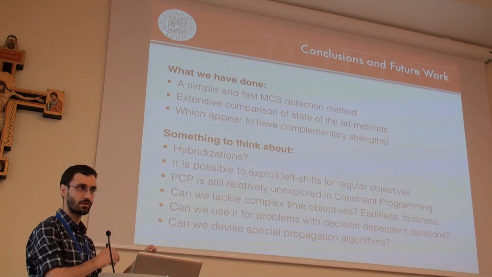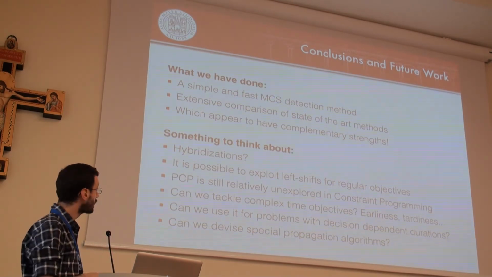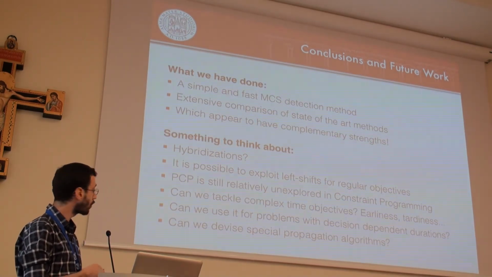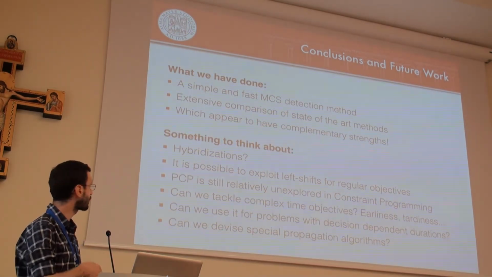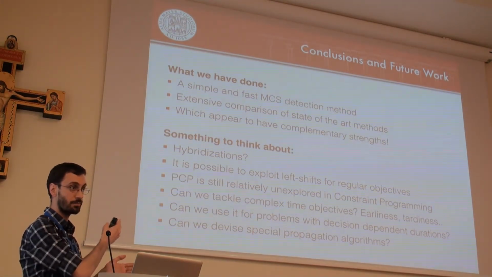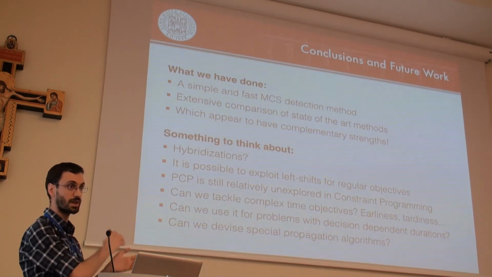You can really look at the resource strength and factor, which tells us that there is a lot of work that we may consider. For example, hybridizations. Is it possible to remove the enumeration from the envelope procedure to make it more scalable?